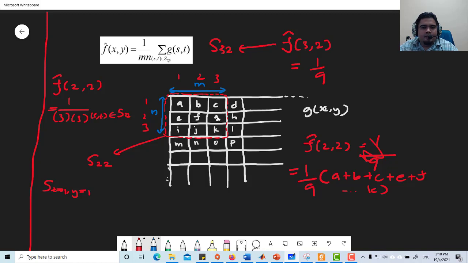Okay, so where is S32? S32 is over here. Let me use another color, this one. Okay, this one is S32.